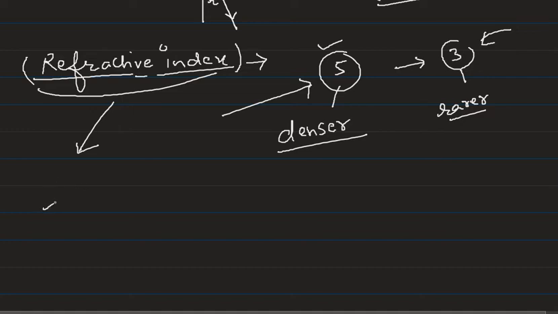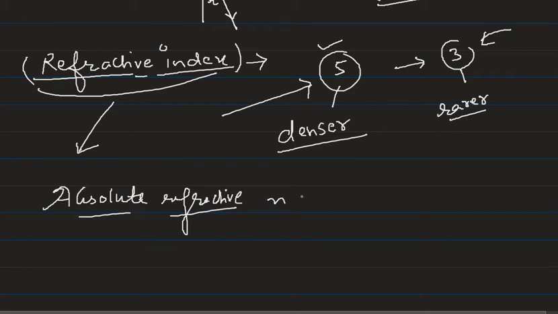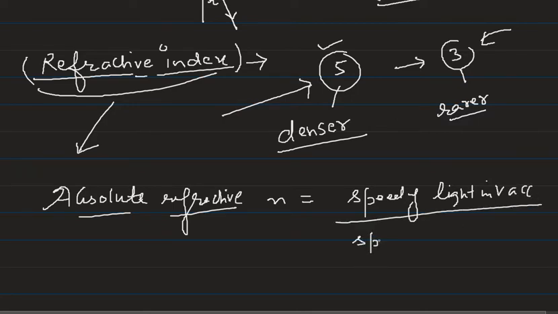One is simply called as the absolute refractive index. So absolute refractive index को represent करते हैं small n से, and it is just the ratio of speed of light in vacuum upon speed of light in that medium.